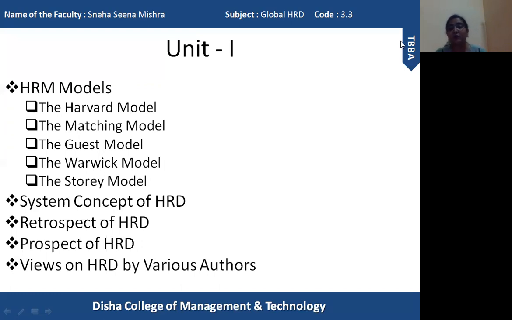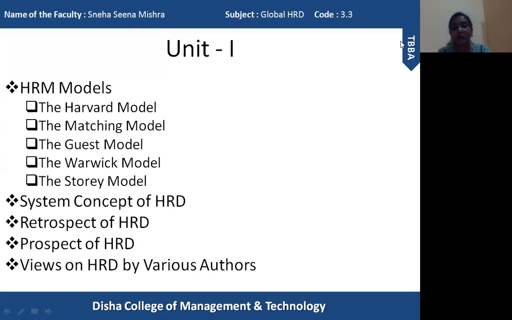Like in the Harvard model, they have clearly specified the various stakeholders and their interests that need to be considered while creating HR policies or HR strategies. Matching models means they have to create proper coordination between the organizational strategy and HR strategy.